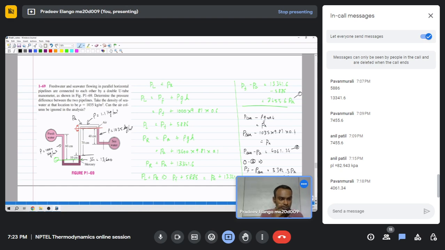I hope this is clear. So for the second right limb we equate at this point. On the right side we have only the pressure of the seawater pipeline, and on the left side we have this height column of the seawater of 40 centimeters, and then PR, that is acting on the interface.